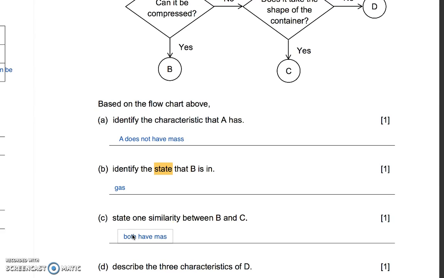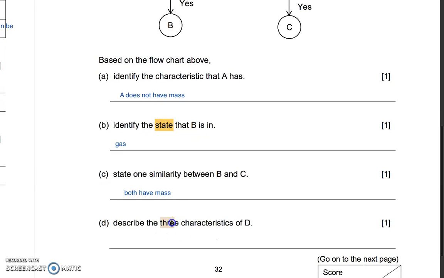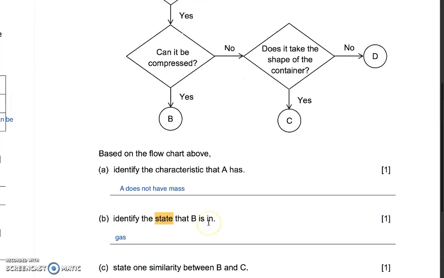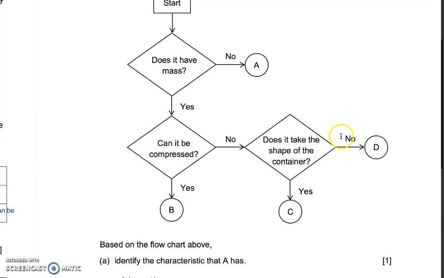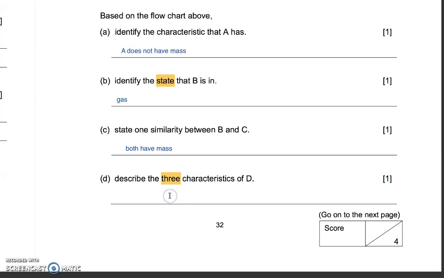The next one is to state 3 characteristics. We must state all 3 to get that 1 mark. The 3 characteristics of D are that it does not take the shape of the container, it cannot be compressed, and it has mass. So I'm going to write here. D has mass, this is one.